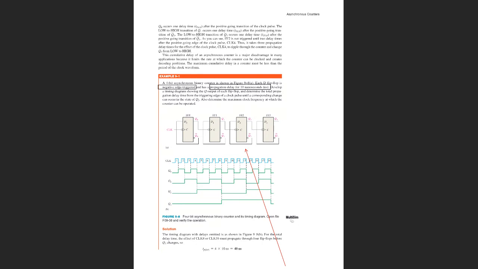The next flip-flop is connected to the previous one by output Q, not not Q, but Q. So flip-flop 1 is connected to flip-flop 0 by the Q0 of the first flip-flop, and so on.